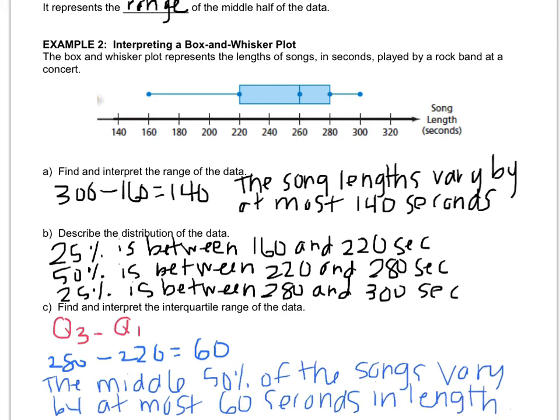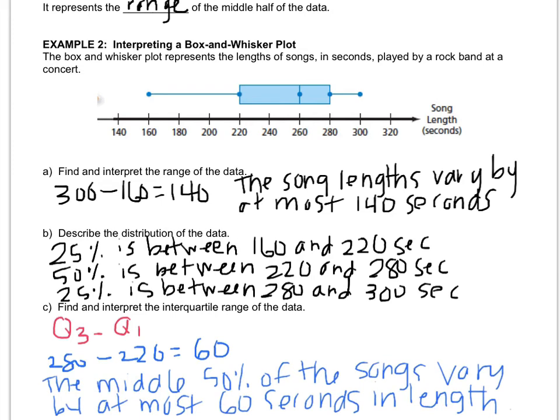There is a reason to find the interquartile range as you do more advanced things with box and whisker plots. There's a way to determine if something is in fact an outlier. Remember, an outlier is something that doesn't go with the rest of the data. So if everyone got in the 70s on a test and one kid got a 90, there's a way to mathematically determine whether that is around the same or whether that would be different.